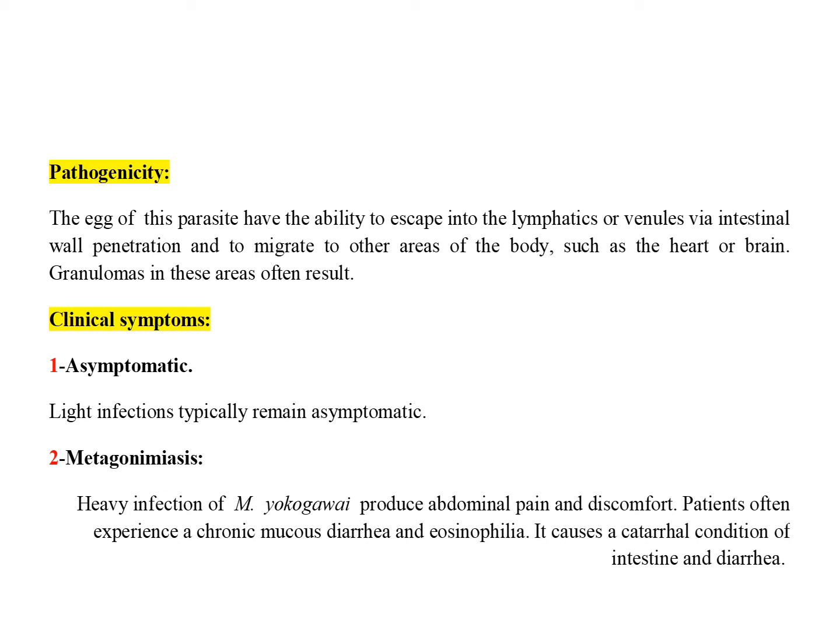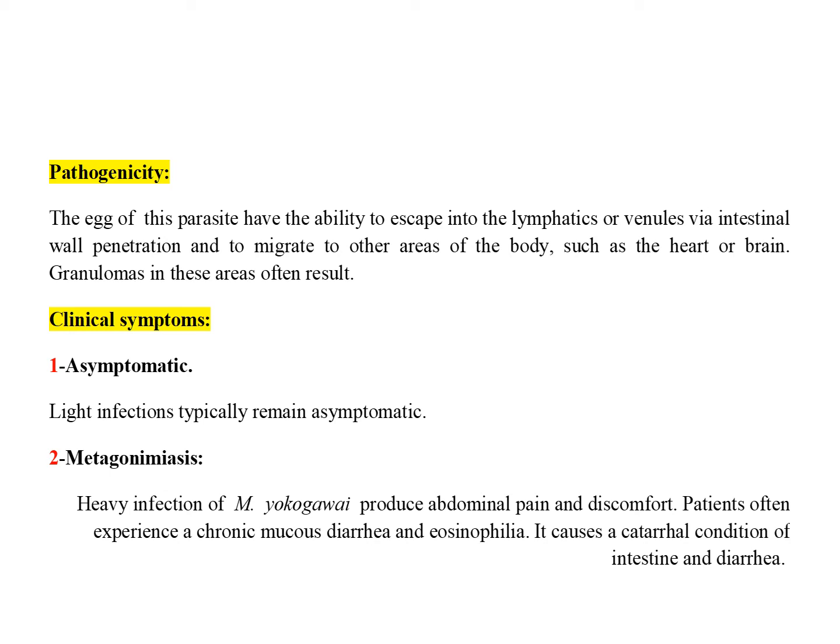Well, about its clinical symptoms, there are two phases, asymptomatic and symptomatic. In the asymptomatic phase, we can say light infections typically remain asymptomatic. The affected individual is not suffering from symptoms.